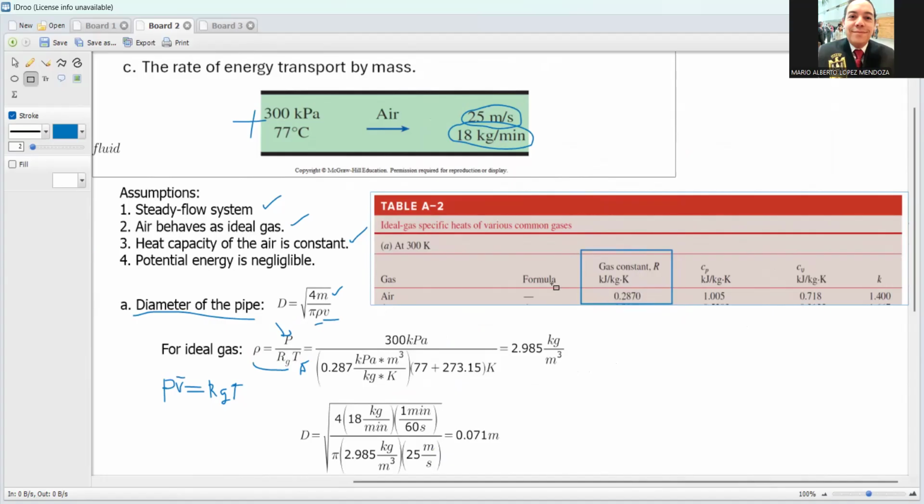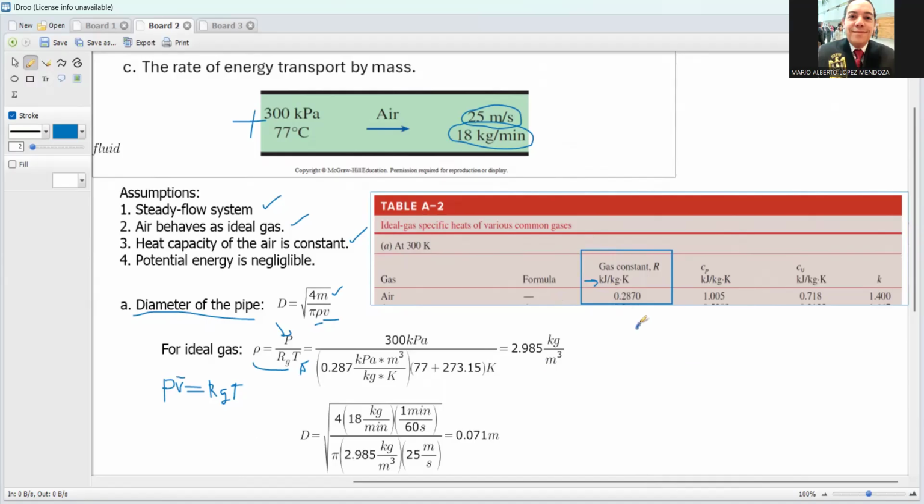If you see here, we have used this value before: 0.287. This quantity is in units of kilojoules per kilogram Kelvin.